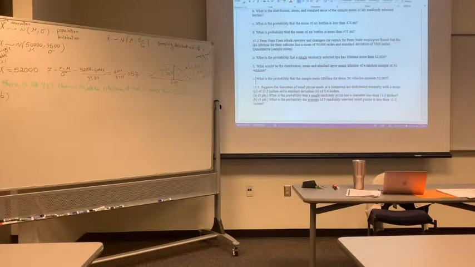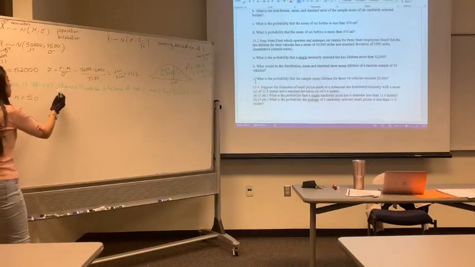Okay, this was part A, right? Now part B. It says, what would be the distribution, mean, and standard deviation, the standard error, of the mean lifetime of a random sample of 50 vehicles? N is 50.